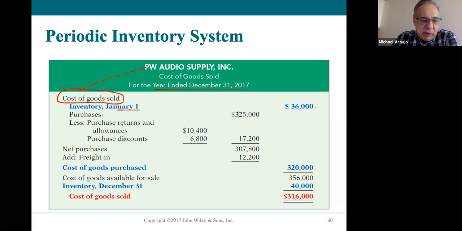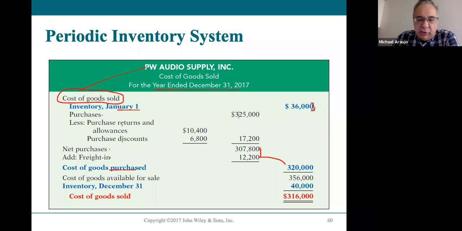They did some returns and discounts on those purchases. So the net purchases was 307,800. But to get those purchases to them, it cost them freight, cost them transportation. That, remember, increases the cost of the inventory, which is why we add them together. So the total goods purchased was 320.